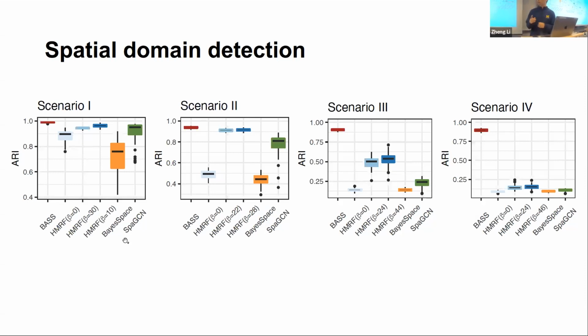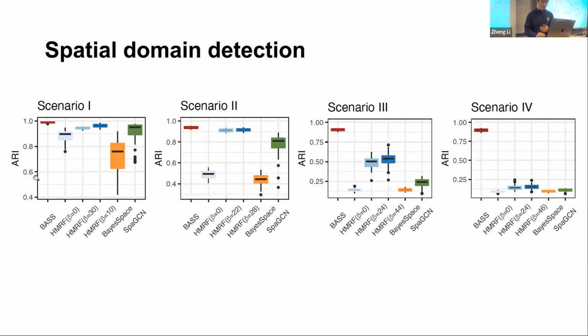Because HMRF requires the user to specify the spatial parameter, what we did is specify a list of different values and fit the model, and report the worst, median, and best results for better comparison. We evaluated the accuracy using the adjusted Rand index. This index ranges from 0 to 1, and a higher value indicates better accuracy.